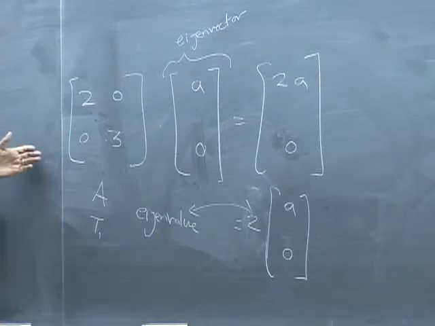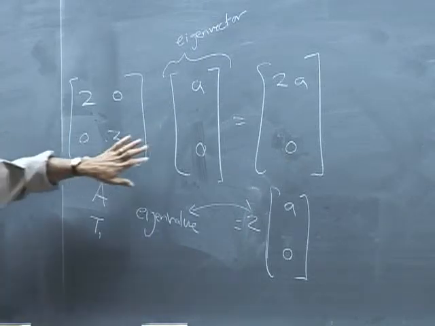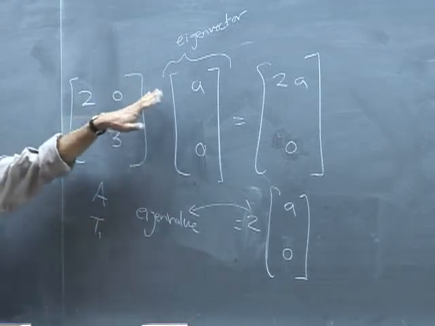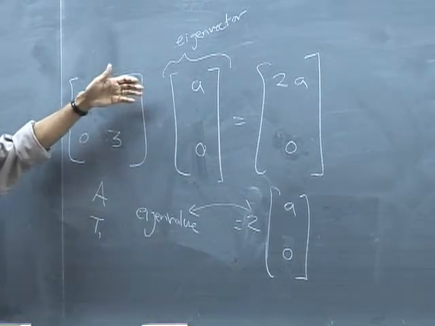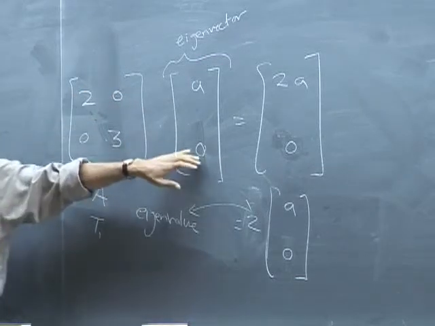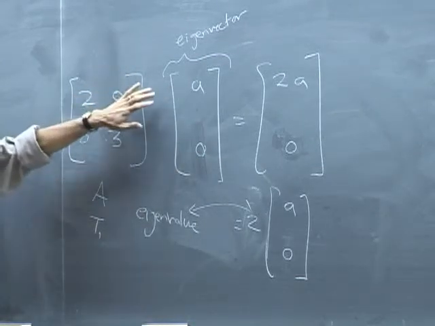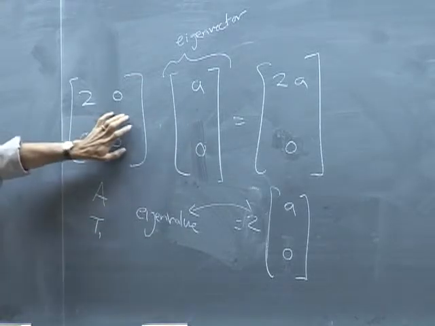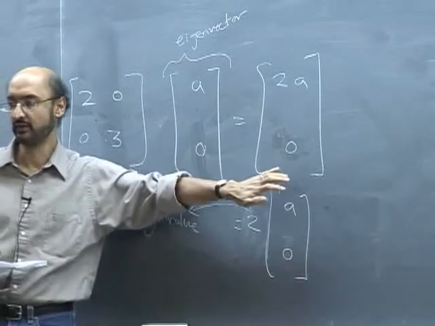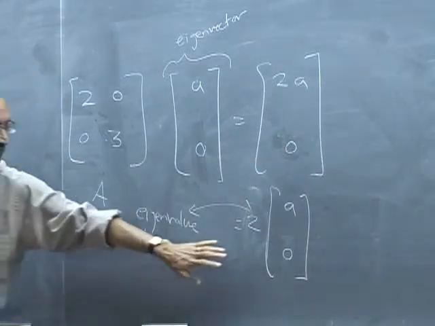But for this matrix, I don't have that. I'm going to choose a particular vector, the eigenvector a, 0, which is going to be anything that has a 0 here, which means it will be 1, 0 in general, but a, 0. Then no matter what I have here, I'm going to get the 2a, 0 over here.